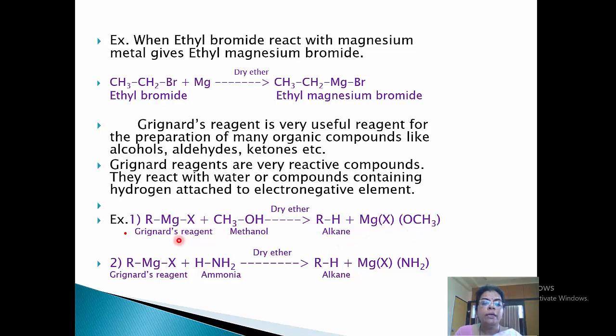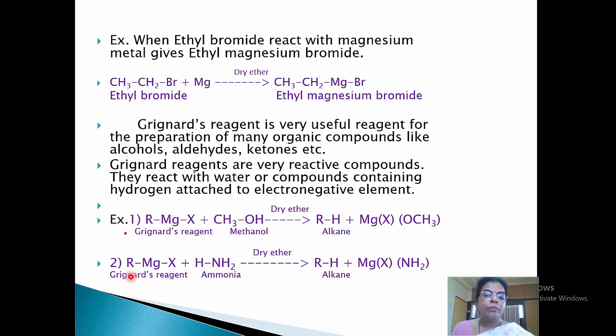Now what happens here? The bond between R and MgX breaks, and the hydrogen atom from methanol gets attached to this R, that is RH, an alkane is formed, and this OCH3 group gets attached to the magnesium. Then we get MgX and OCH3.